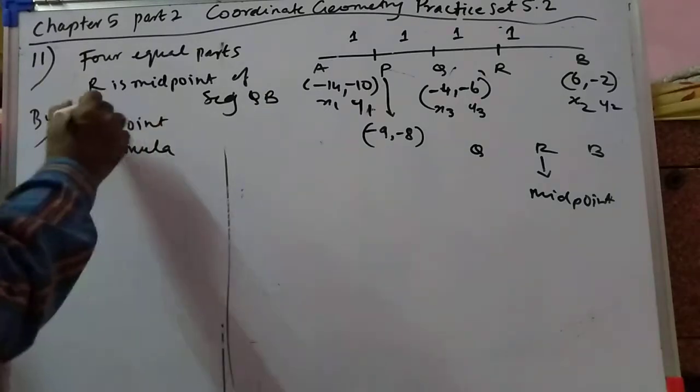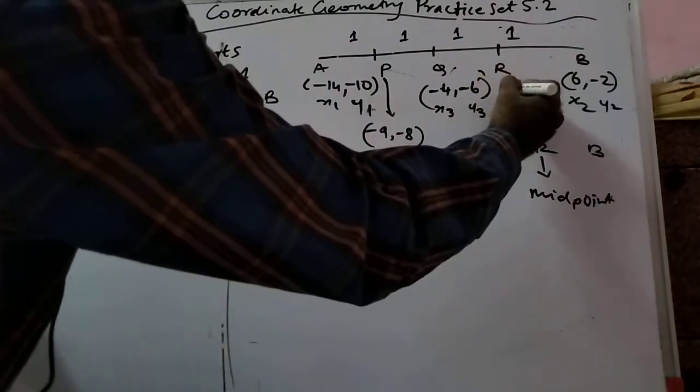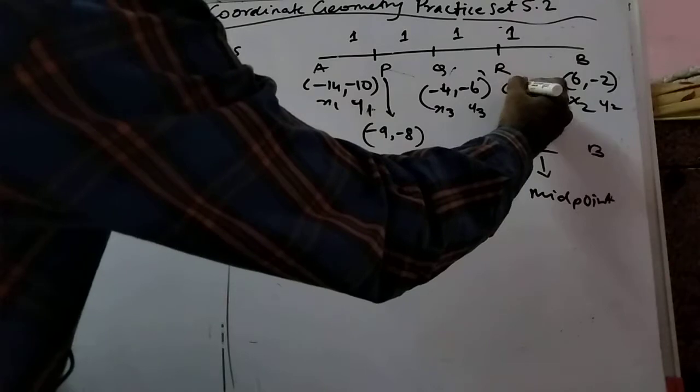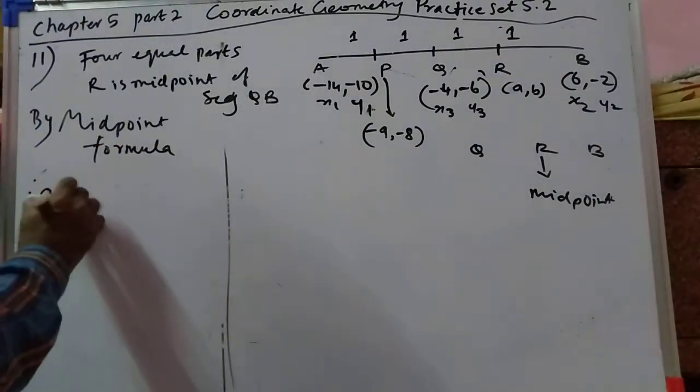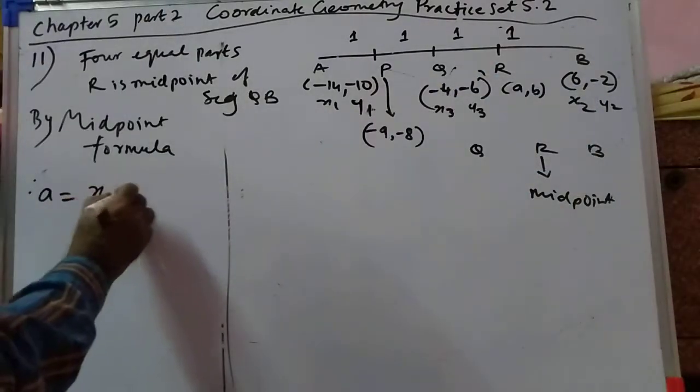Therefore, by the midpoint formula, what we get, take it as A is equal to x3 plus x2.